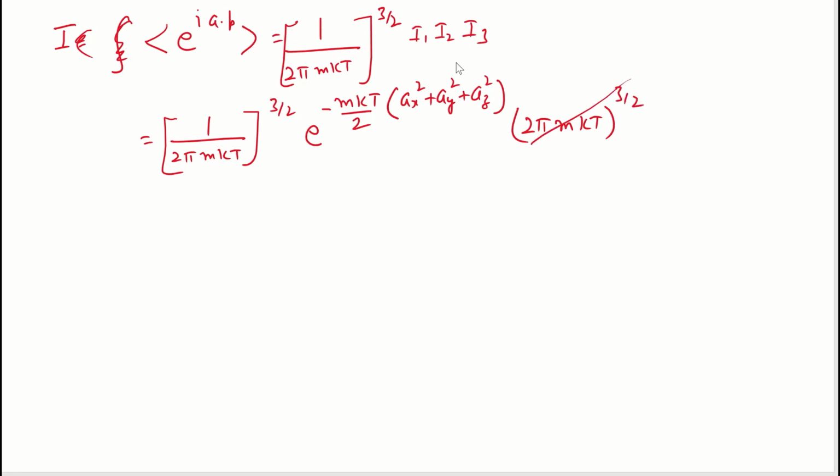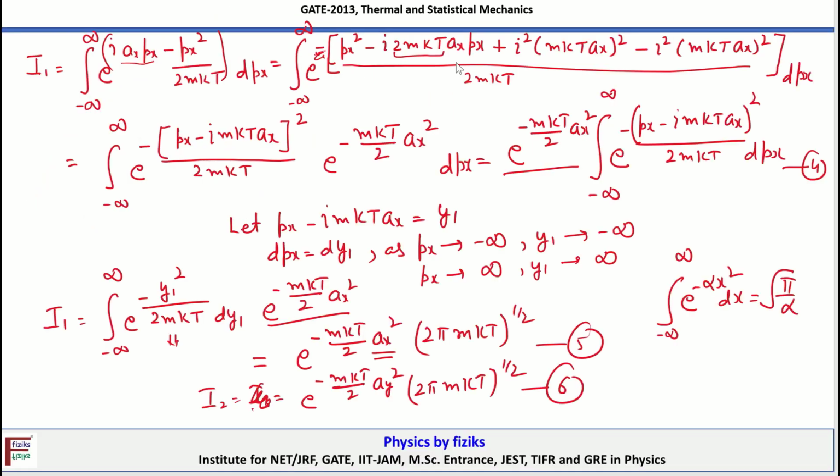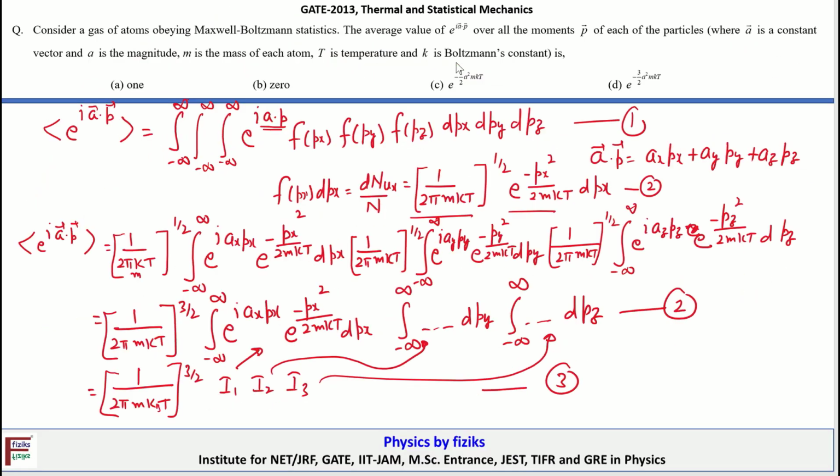So this will cancel with this one. Ultimately we are left with the expectation value of this quantity equal to exponential minus mkT by 2 a². So that is our answer. Let's see the options. Therefore option C is the correct one here.